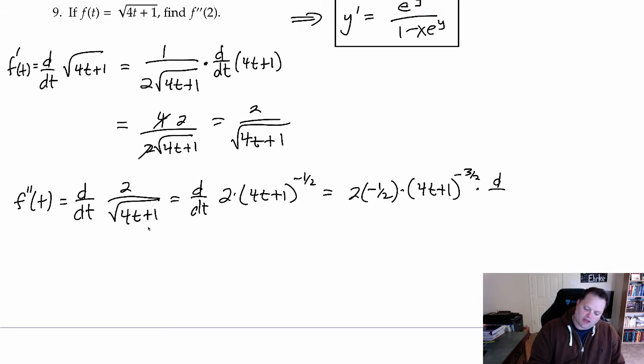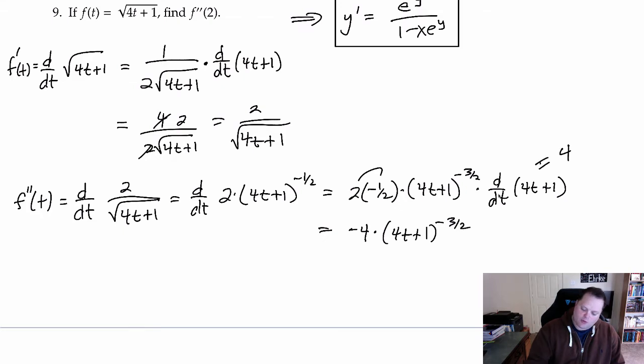But then I have to multiply by the inner derivative, which we know from up here is also 4. So 2 times negative 1/2 is negative 1, but then I have to also multiply by 4. So let's just do negative 4 times 4t plus 1 to the negative 3/2.